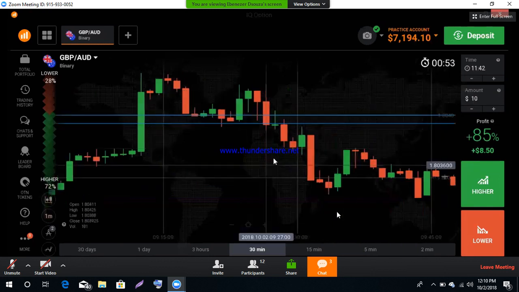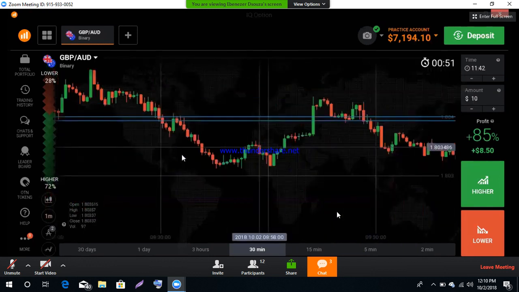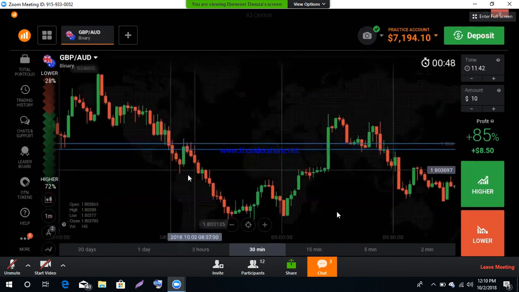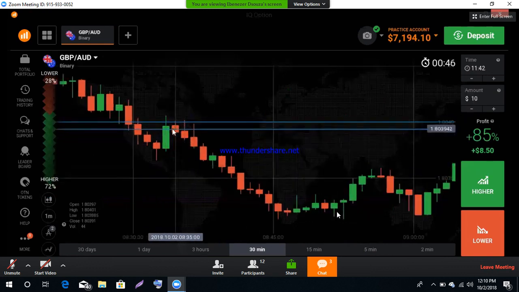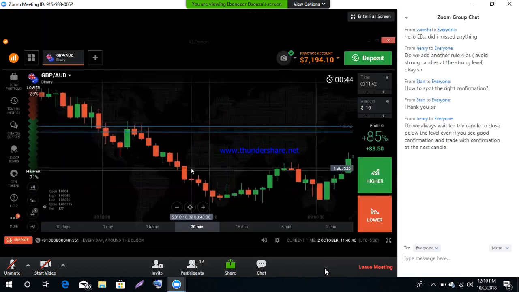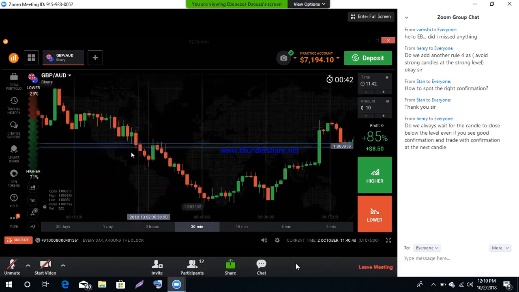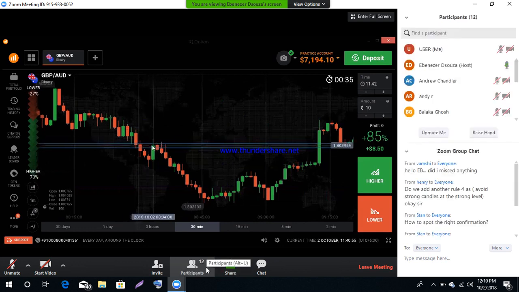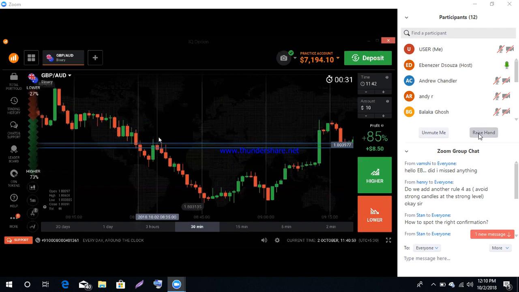I already told you, Henry. The candle must close below the level with rejection, and on the next candle you can trade in the direction of the trend. If you want to trade here at the level, this is a breakout. Again, the market came to this level. This candle closed below the level with rejection. You can trade on the next candle.